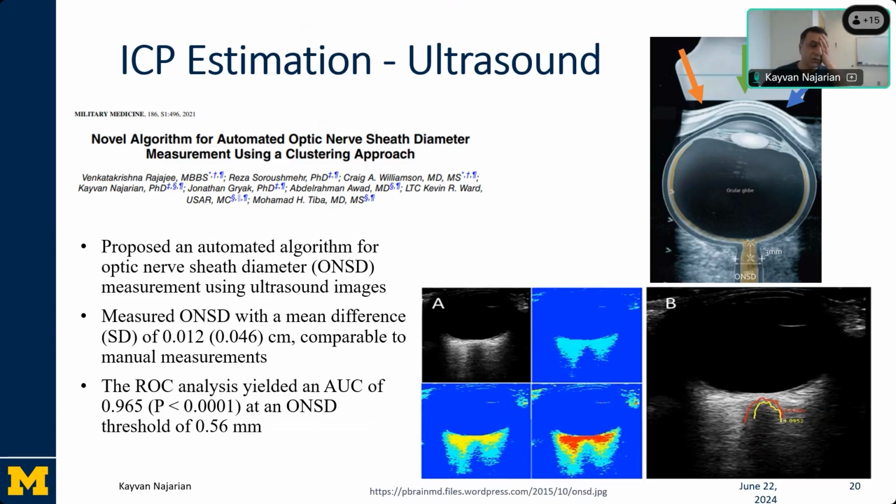So what we did, we worked with a group that is using an ultrasound system, placed essentially on the eye, to estimate the optic nerve sheath diameter. The reason for that is previous studies have shown a clear correlation between the diameter of the sheath and the ICP.